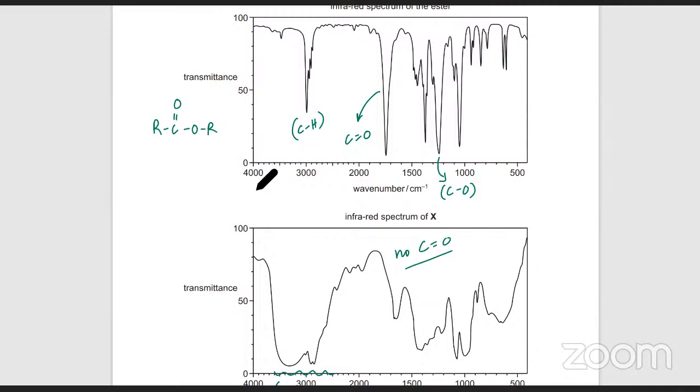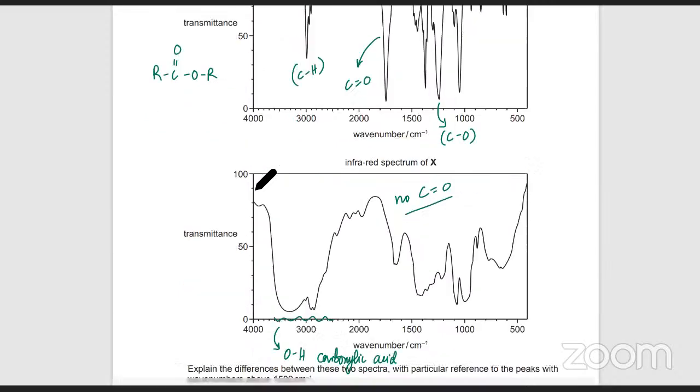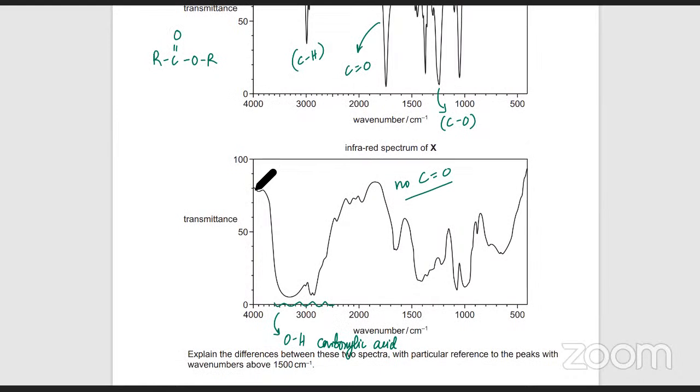Does X have a C=C, because it said it decolorizes bromine water? So it's got a C=C.